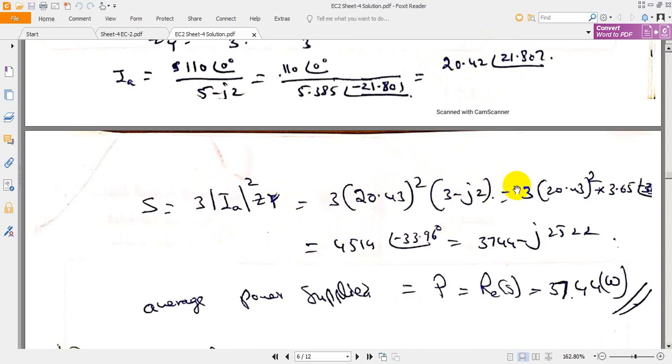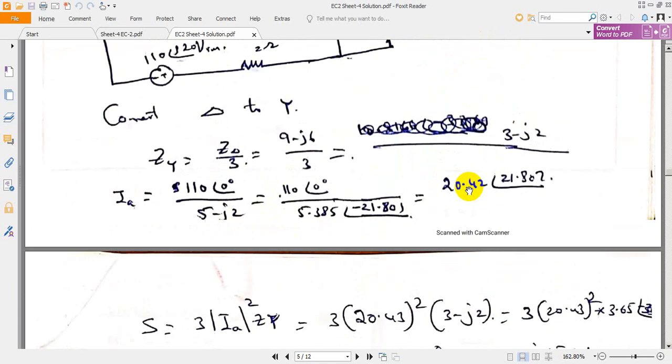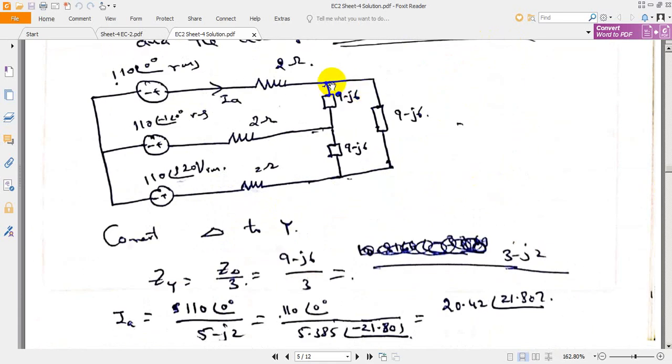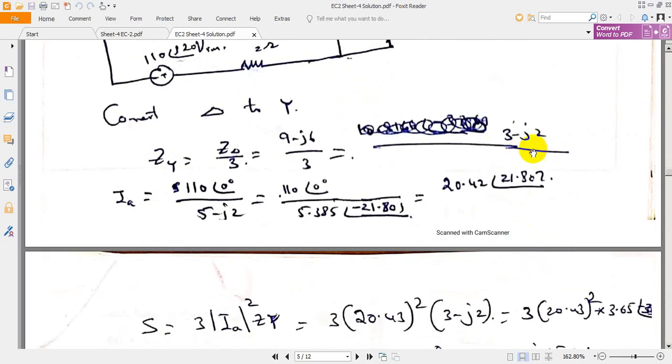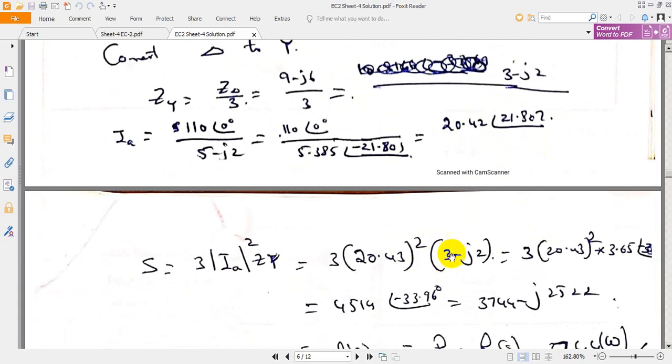ZY is the impedance of the load. The load is in star form, and the impedance we calculated for the star form of the circuit is 3 minus j2. So this is the load, your ZY, 3 minus j2.